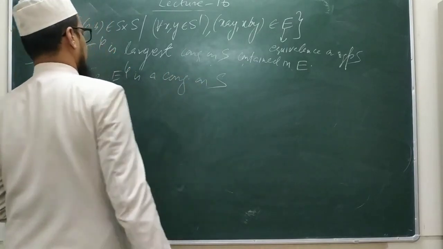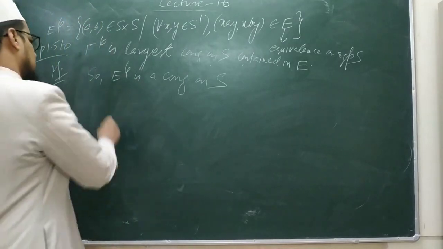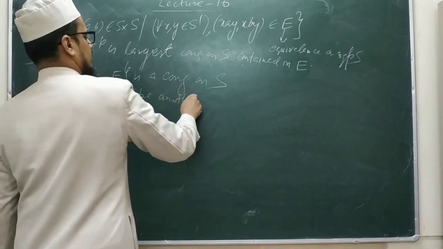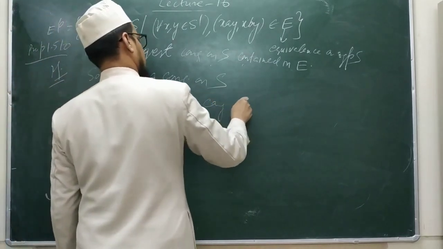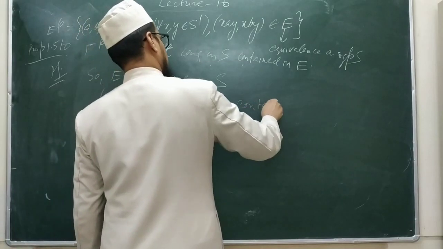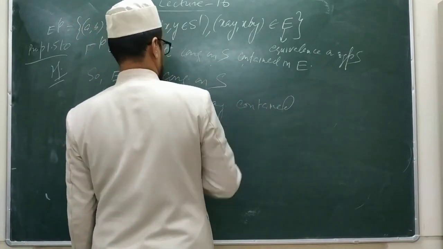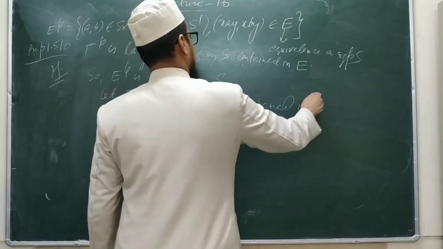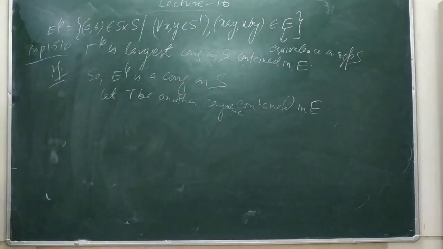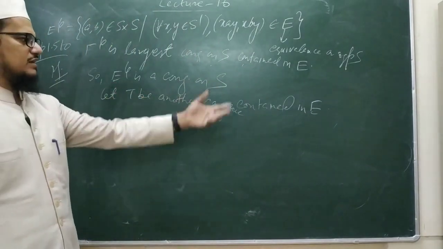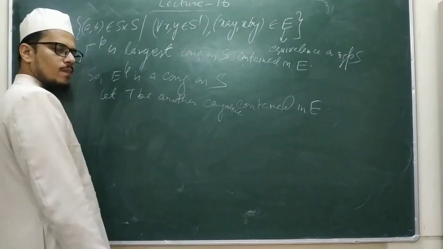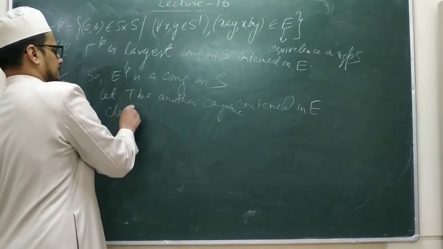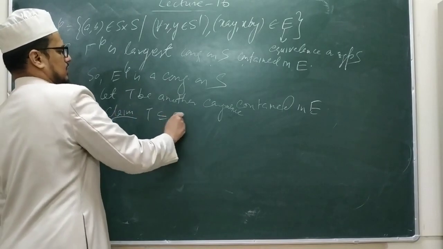Congruence on S. Now let T be another congruence contained in E. Correct? T be another congruence contained in E. Now what is the claim? T is contained in E natural.